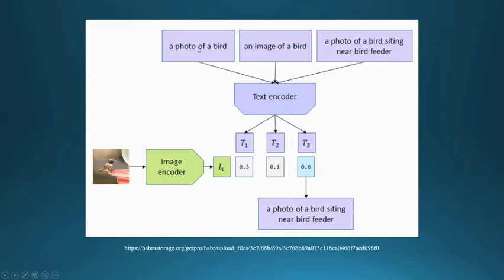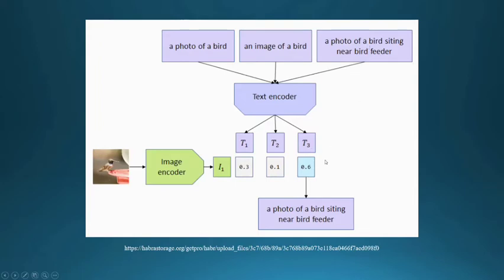Here we can see that we have three descriptions: a photo of a bird, an image of a bird, a photo of a bird sitting near a bird feeder. All of them are explaining this image, and all of them are true, but the third one gives us more information about the image. Here the bird feeder, the bird sitting near it, and if we do the dot product using the CLIP model, we can see that the value corresponding to the third description is higher.